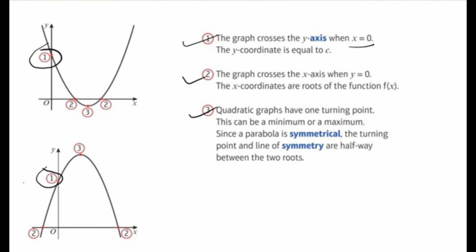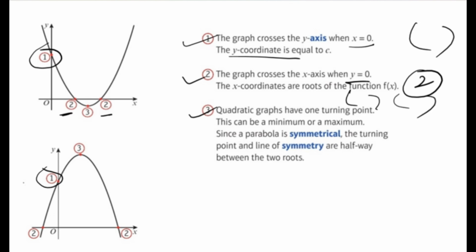So that will give you the coordinate. Second, to find where the graph intersects the x-axis, we have to substitute y equal to 0. And because this is a quadratic function, we are getting two values for x. So we have two coordinates for x. Here we are getting one coordinate.